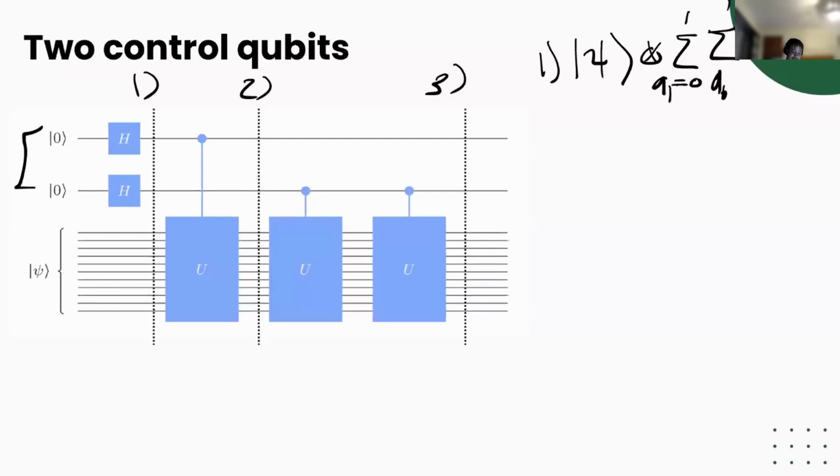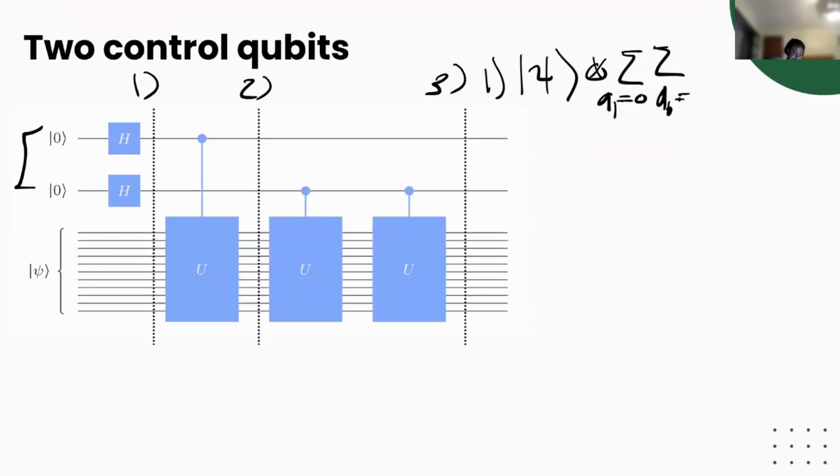Actually, perhaps I should write this with a little bit more space. And so we'll have 1, 1 here. And this is going to be our state a1, a0.